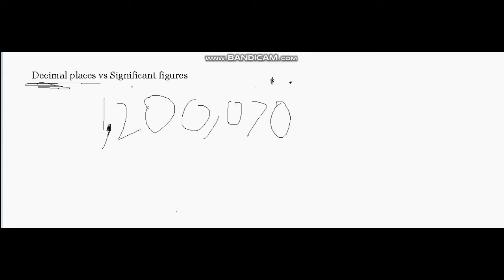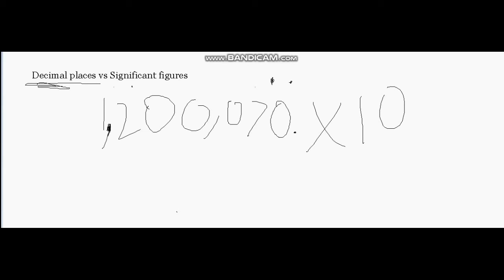So this number will become 1.200070, and then we would write times 10 and raise 10 to such a power that this would become the original number we had. So originally the decimal point would have been here.